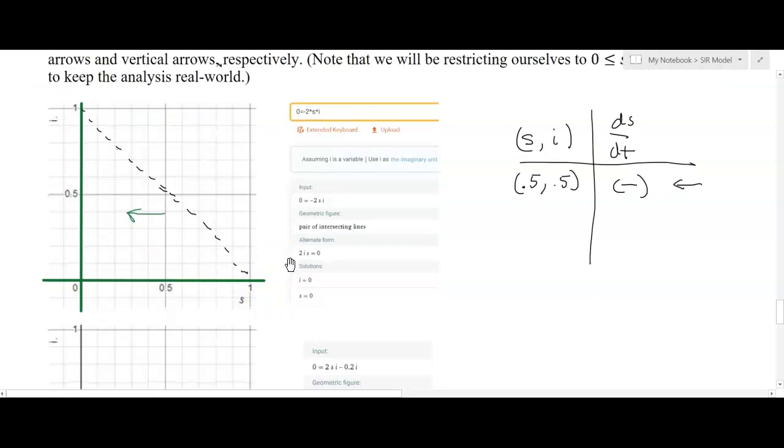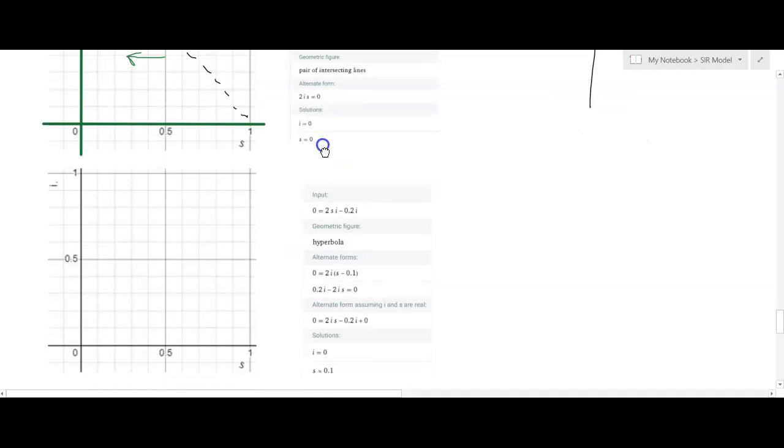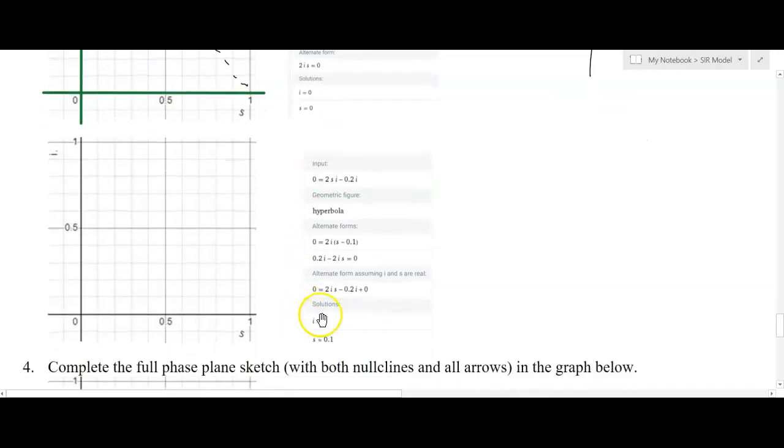Now, if you have the I nullclines, we have 2 of them. We have I equals 0 and S is about 0.1. So I equals 0 is, again, this line here. And S equals 0.1 is right about here.